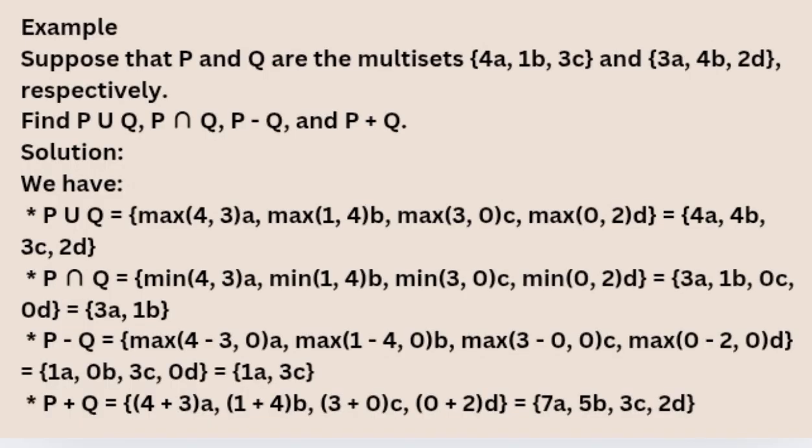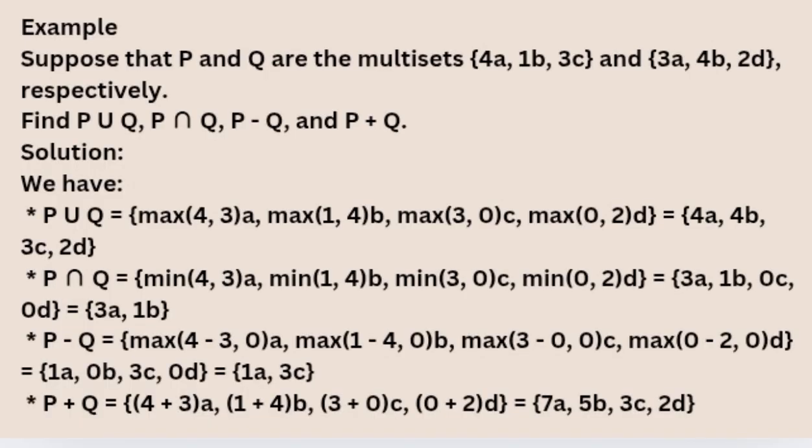We have P union Q equals {max(4,3)A, max(1,4)B, max(3,0)C, max(0,2)D} equals {4A, 4B, 3C, 2D}.